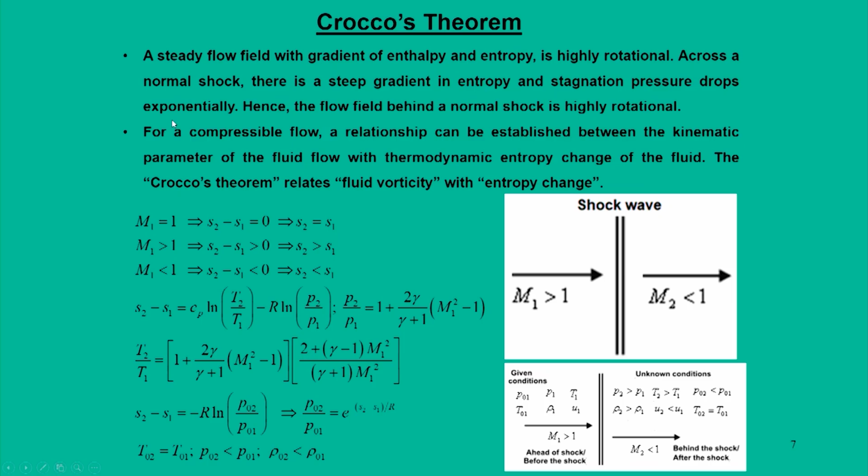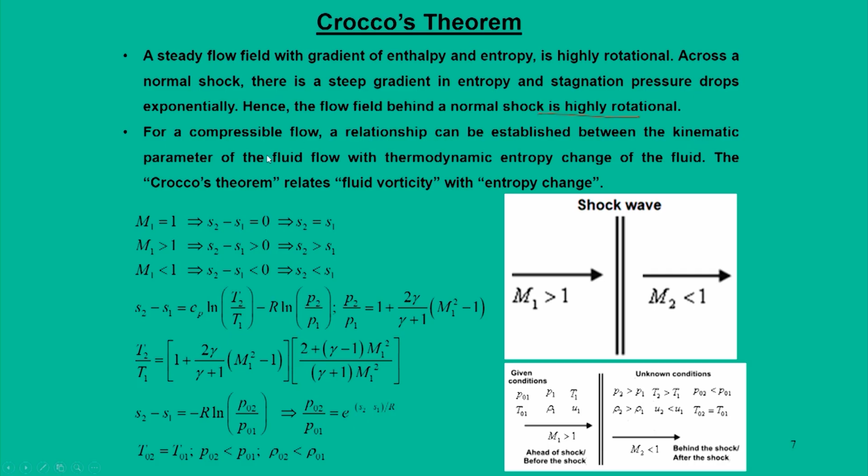These mathematical concepts can be utilized to certify the nature of the flow, whether it is rotational or irrotational, which is that the flow behind a normal shock is highly rotational. We are going to arrive at this conclusion mathematically through a theorem called Crocco's theorem.